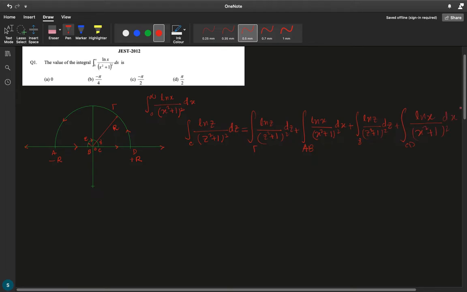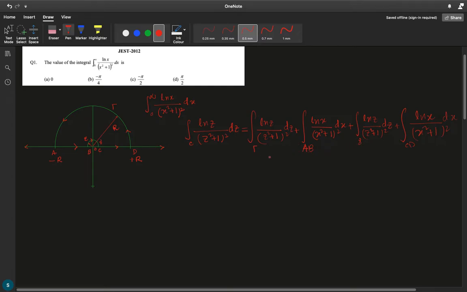This is all the integrals we want to find, if I want to find the contour integral of ln z by (z square plus 1) whole square dz along the whole contour. Now we'll take some approximations, and from the approximate values a few integrals go to 0.